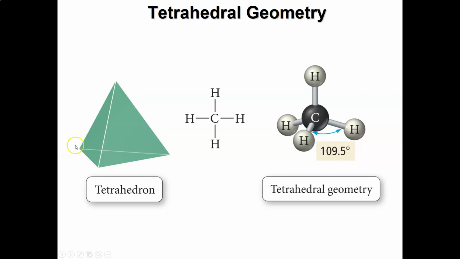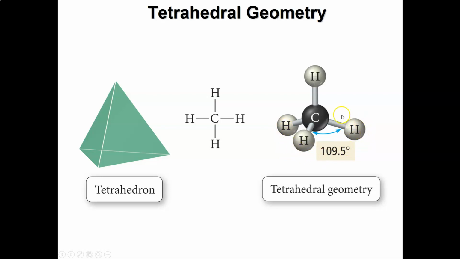Each of these vertices would have an atom present. Well, if we were to draw CH4 as a Lewis structure, you put one on top, one on each side, and one on the bottom, and it implies incorrectly that it's flat, like a pancake. It's not. You can see here we end up with one hydrogen on the top, and then the others spread themselves out in this triangle pattern towards the bottom.